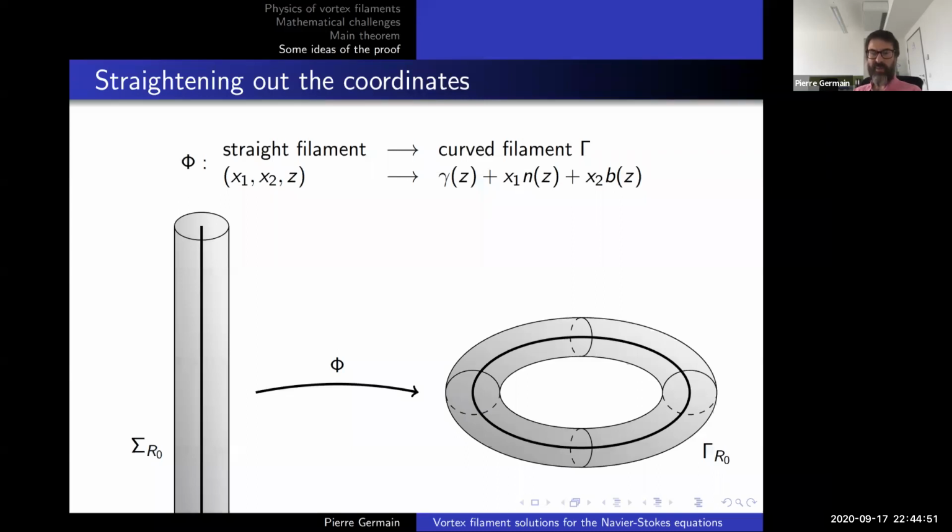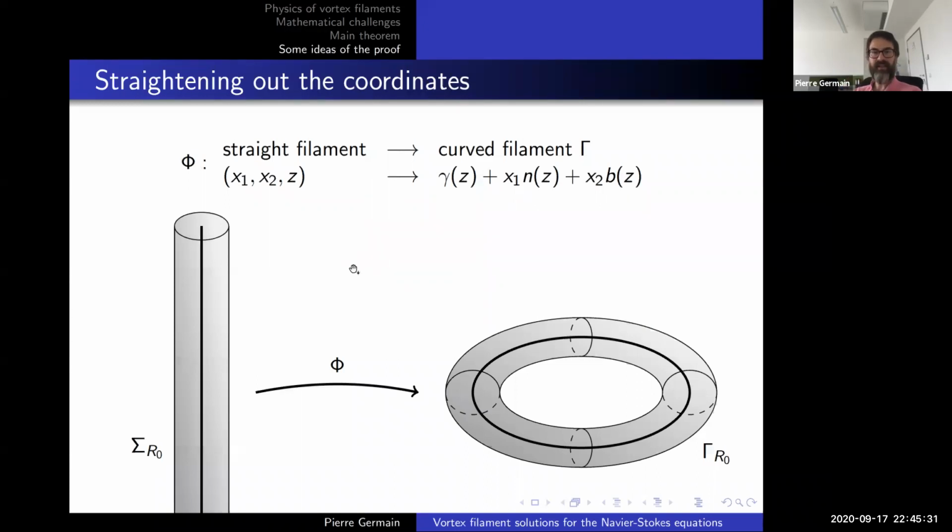So the basic idea is to use a change of variable to change the geometry from whatever shape the filament has back to the straight filament. So we choose this specific map that maps the straight filament to a curved filament through the Frenet frame. It's convenient.